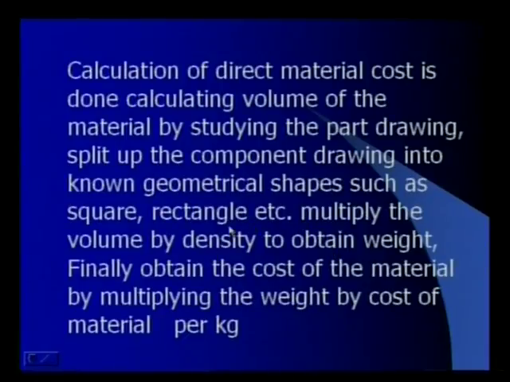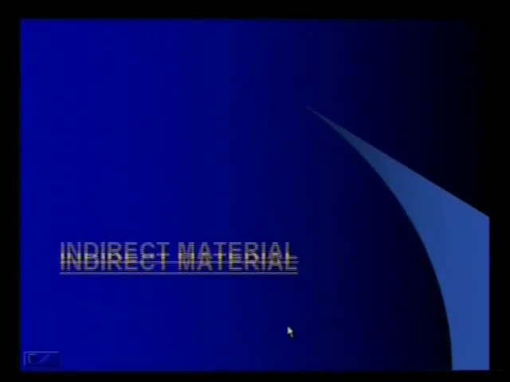Then multiply with the density of that particular material, then we can obtain the weight. By multiplying the weight by the cost of material per kg, we will get that direct material cost.